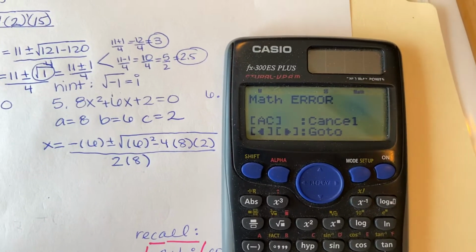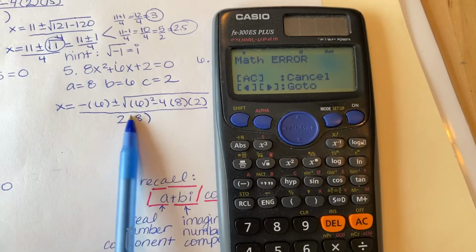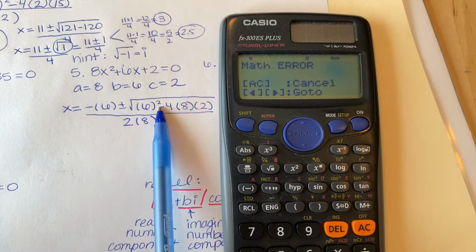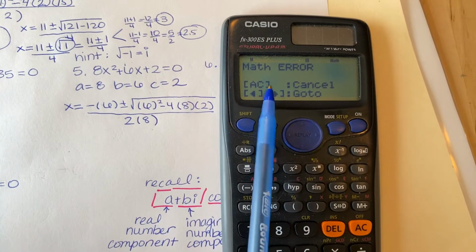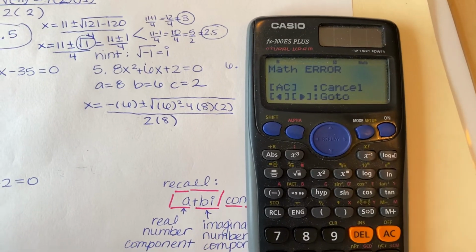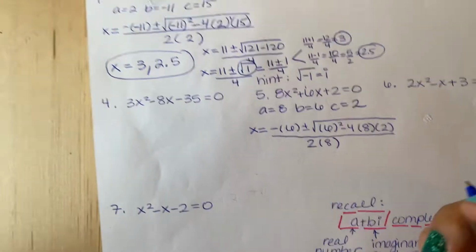Math error, rejected. Okay, that tells you that you did everything correct. You substituted correctly. I put it in the calculator correctly, but you are getting a negative radicand, and so that is an imaginary. This calculator does not process that, so we can use it to maybe do some basic arithmetic for us, but it's not going to give us our answer. So we got to do it by hand.